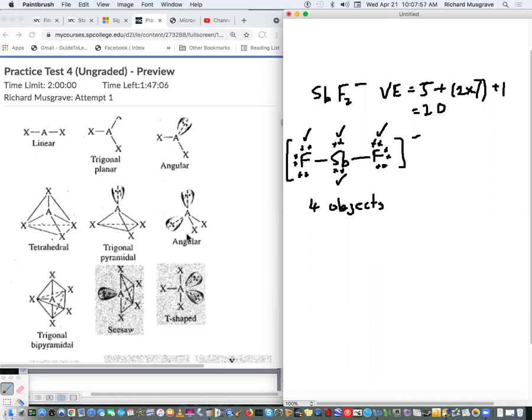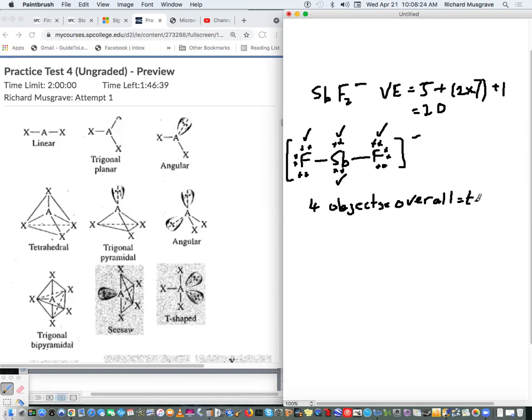Is there a way to know which atoms to use and which ones not for the shape? Well, if it says overall, you want to use everything. And then when you're trying to determine the shape after you draw out the Lewis structure. Okay, the overall for this one is tetrahedral.